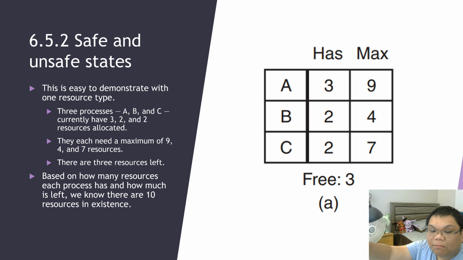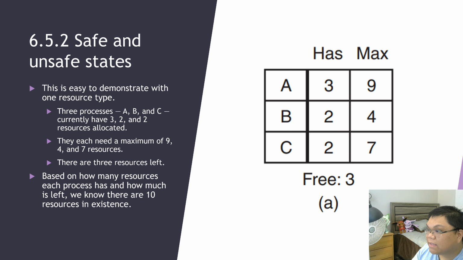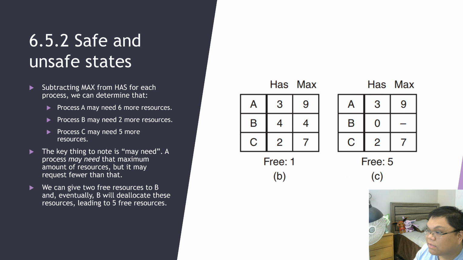Each process might not need the maximum amount of resources listed here. It might, but it's possible that it might not. So what we're doing is looking into the future to see whether, starting at this state, every process can terminate without deadlock. So let's try it out.